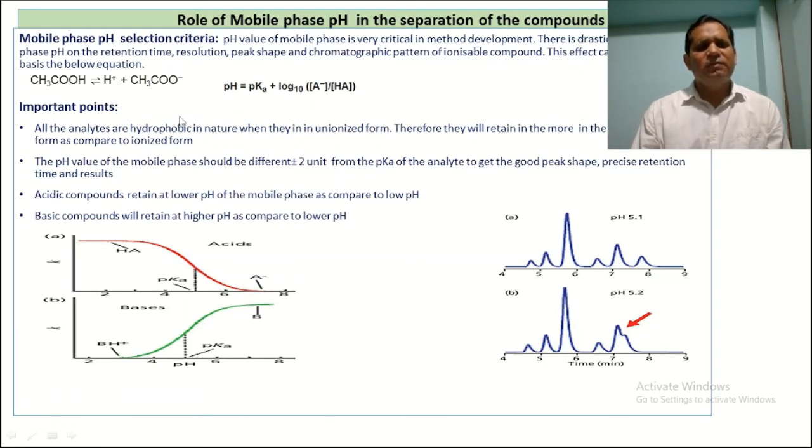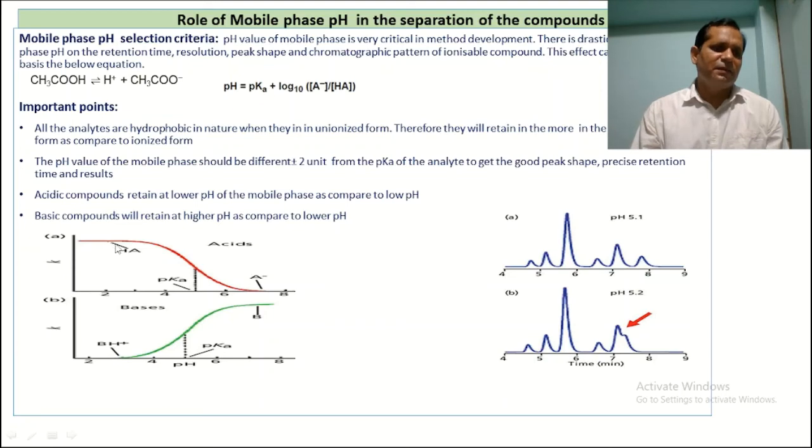So there is a link between the pH and the acidic or basic nature of the compound. For an acidic compound, we have to use acidic pH. This is the diagram here. On the first side, when pH is on the lower side, the compound has more retention.